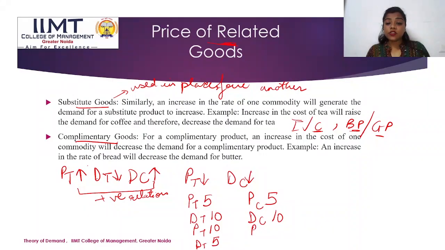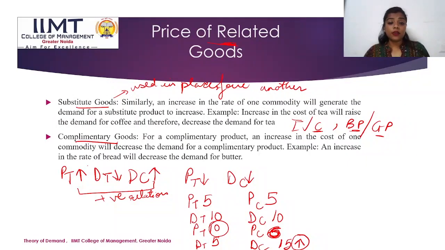Let us say the price of coffee has changed to 6. It has increased, but not up to 10. Since the price of tea has risen to 10, the demand for coffee will automatically rise. It will be 15. So from here we can say that the demand for coffee will increase if the price of tea rises. So we can conclude that there is a positive relationship between substitute goods.